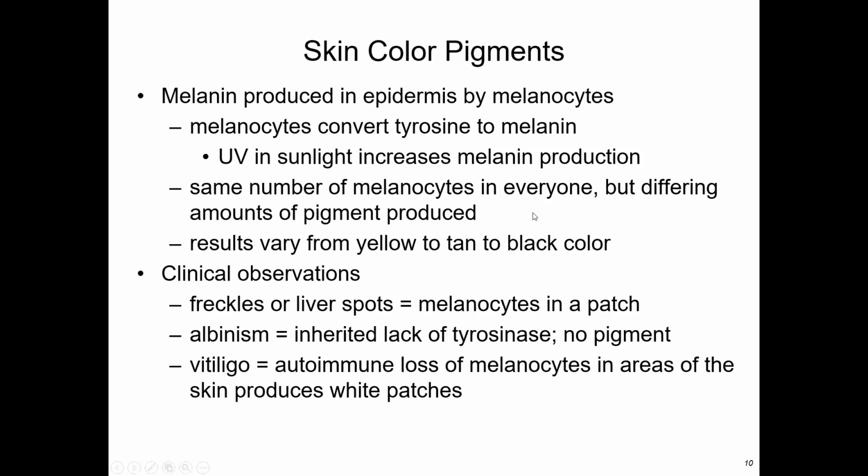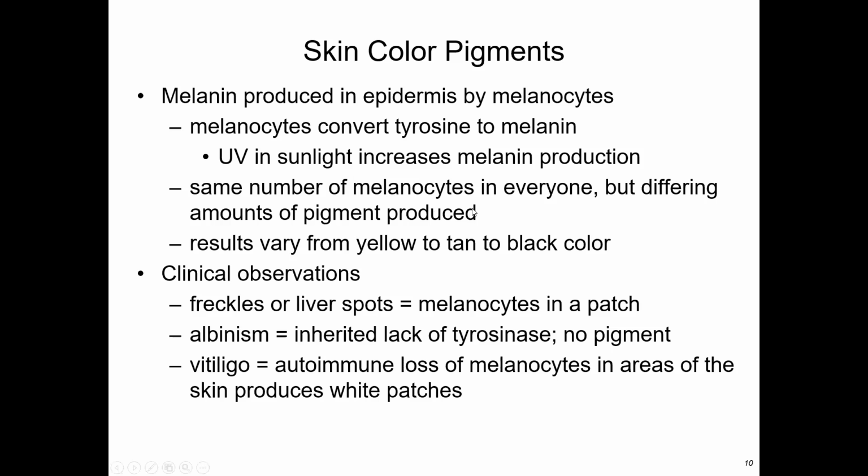So talking about skin color, when you look around in a classroom or any place you go in this great country, we are seeing different skin colors, whether it's a pale skin color or a very dark brown skin color.